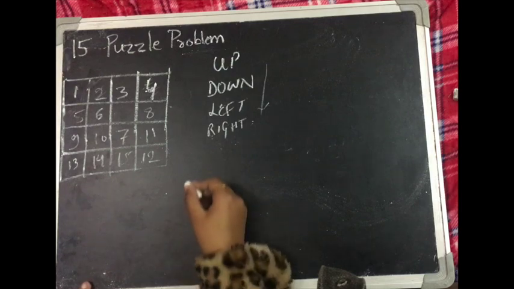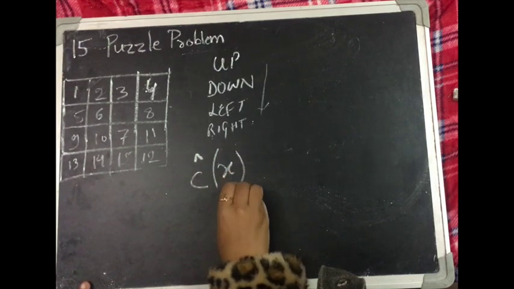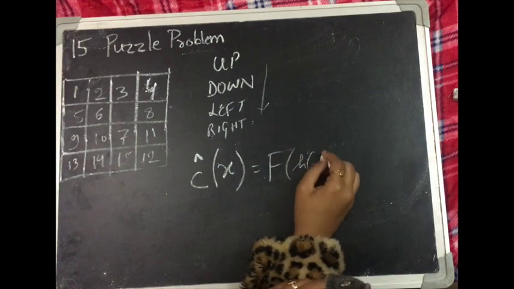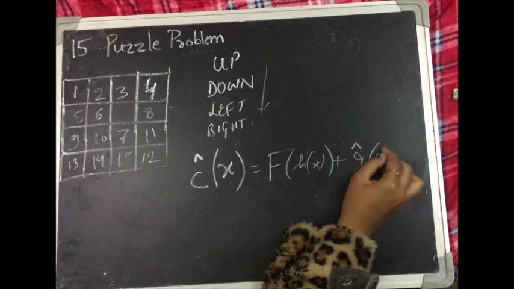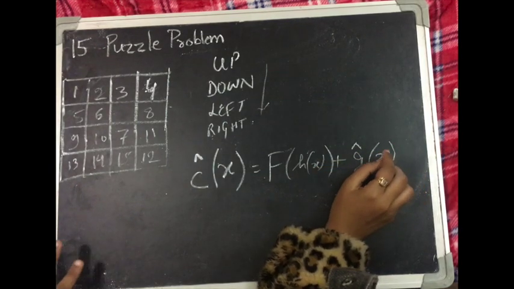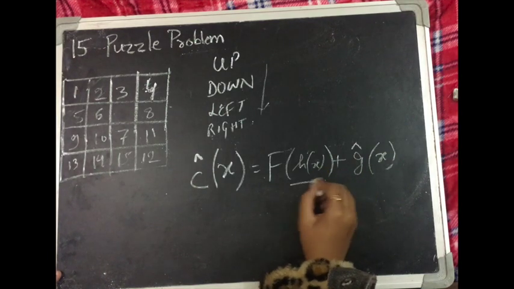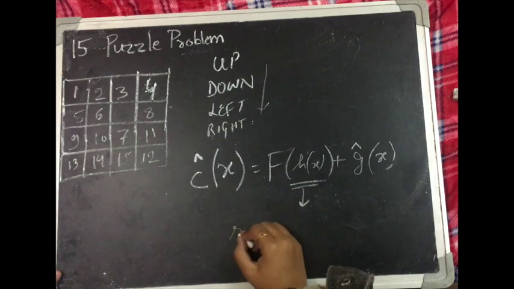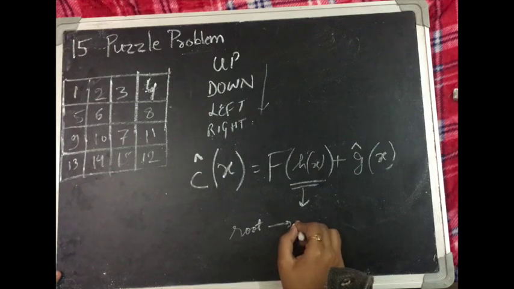So for this we have a formula. What is the formula? C cap x is equal to f of h of x plus g cap x. Now what is h of x? H of x is the extra effort that I require to reach from the root node to that node x.